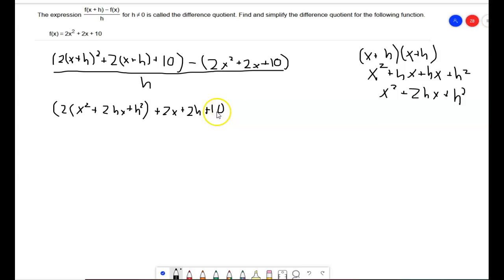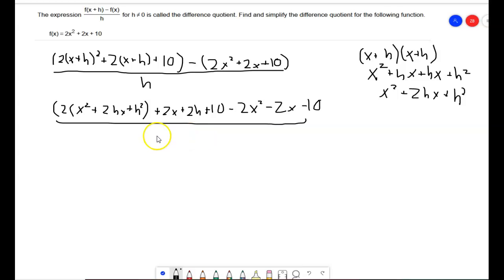And now I'm going to distribute this minus sign with all of these terms, which just takes the opposite sign of all of them. So minus 2x squared minus 2x minus 10. This is all going to be over that h.